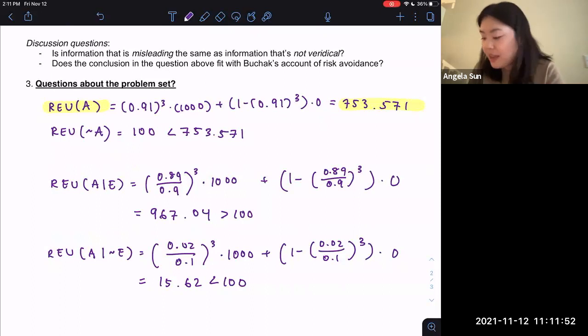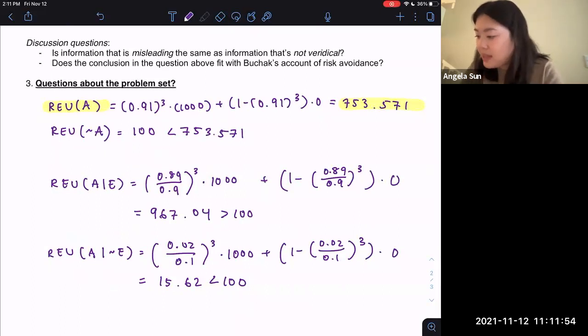Okay, so 15.62 is less than 100. That means if we did the experiment and the experiment told us the ship was not seaworthy, then we would choose not A. That's because the expected utility of not A, 100, is greater than the expected utility of A given not E, which is 15.62.